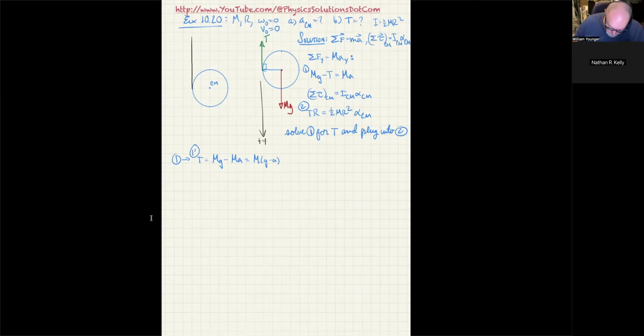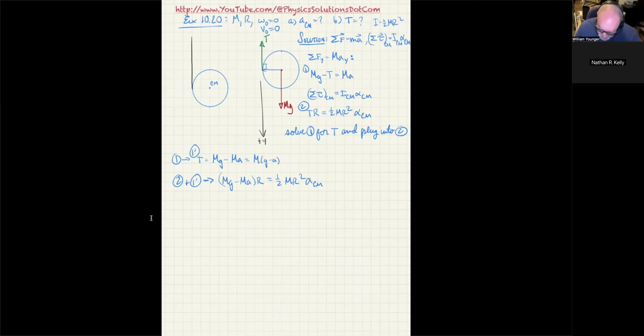Now I've got that new equation 1 prime that represents T, and now I'm going to plug that into equation 2. So 2 and 1 prime give me the following. The T is going to be mg minus ma times r is equal to 1/2 mr squared, like that, and then that is multiplied, of course, times alpha center of mass.